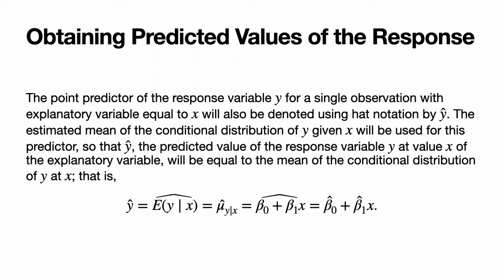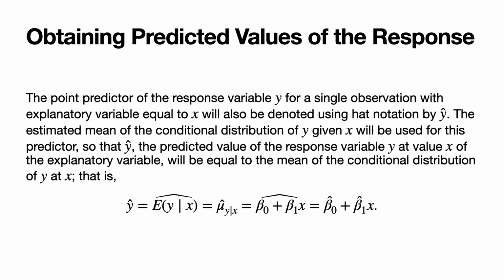The point predictor of the response variable y for a single observation with explanatory variable x will also be denoted using hat notation by putting a hat on y. Now, the estimated mean of the conditional distribution of y given x will be used for this predictor so that y hat, the predicted value of the response variable y at value x of the explanatory variable, will be equal to the mean of the conditional distribution of y at x.